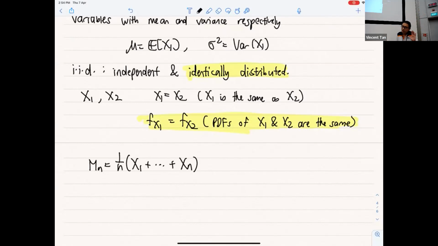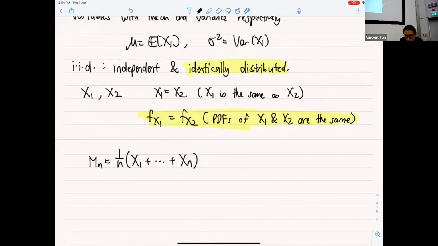Now, if my class is very large, what do you think this number will look like when n is very large? All the random variables have mean 80. Close to 80, right? You're averaging a bunch of numbers whose means are 80. Kind of, we are going to get there soon.